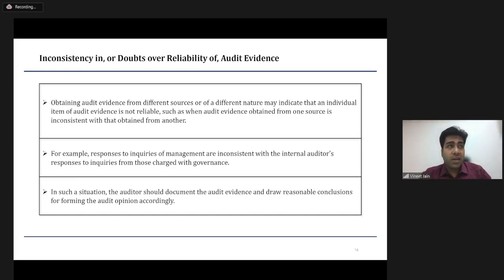SA 230 particularly talks about documentation of such inconsistencies, wherein if there is any such observation by us as auditors, then we need to document it accordingly, see what is the impact of such inconsistency, and accordingly modify the opinion or provide a disclaimer or howsoever we need to take it forward.